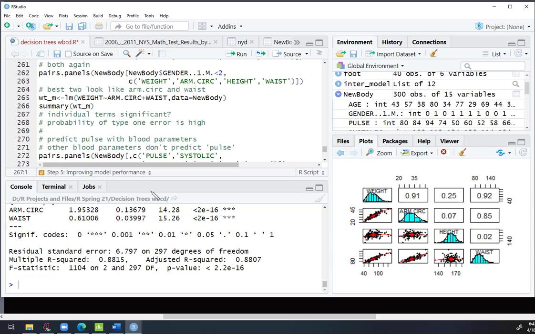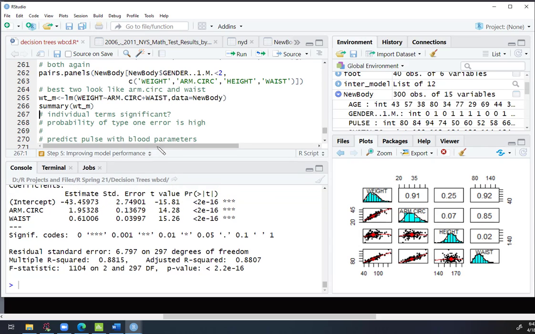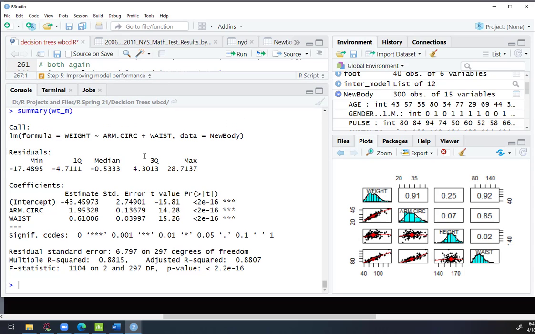And we get some crucial information here. We get a reminder of what we called for, and this was weight predicted by arm circumference and waist, so that's just a reminder. We look at the residuals. What we're looking for in residuals would be a normal distribution with a mean of 0 and hopefully a small standard deviation. So we get information right here, but we have to interpret it when we're doing linear regression.